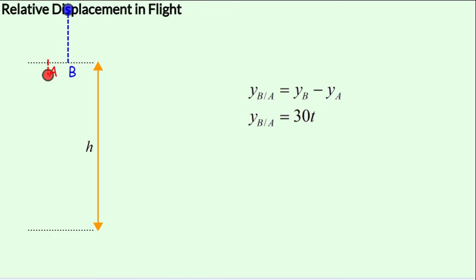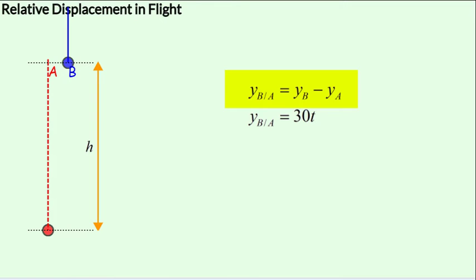Let's take the first case, where both A and B are in motion, and in this scenario, the relative displacement of B with respect to A, y B with respect to A, is the displacement of B with respect to the ground minus the displacement of A with respect to the ground.